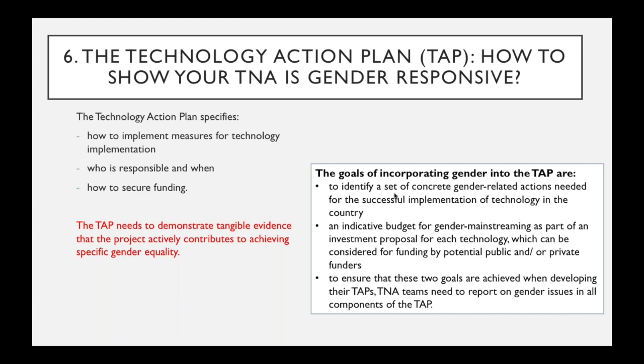So to the right, you just see what these goals of incorporating gender in the TAP are. Firstly, to identify concrete gender-related actions that are needed for the successful implementation of technology in the country, but also to have an indicative budget for each of the aspects of the project, which can be considered for funding by potential public or private funders, and to make sure that these two goals are achieved by the countries when developing their TAPs, and that they are reported on as well as disseminated.